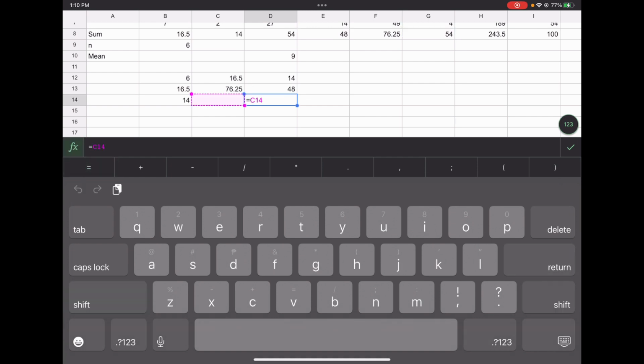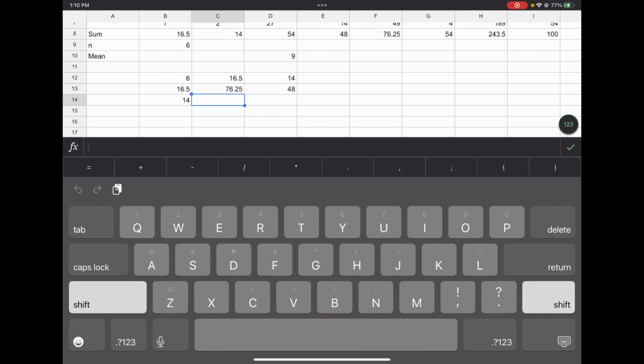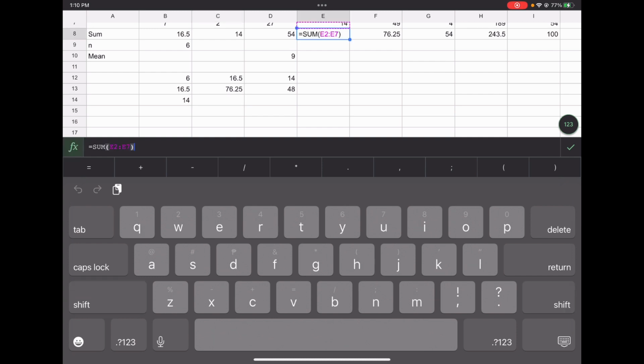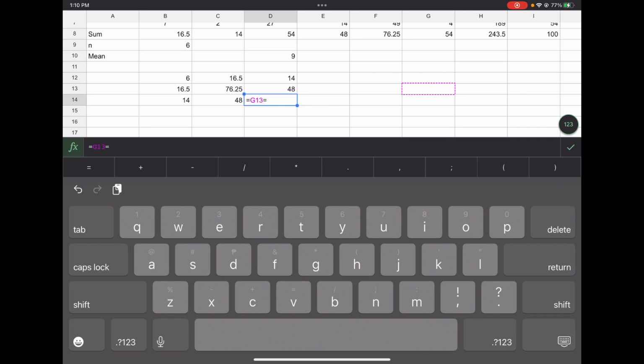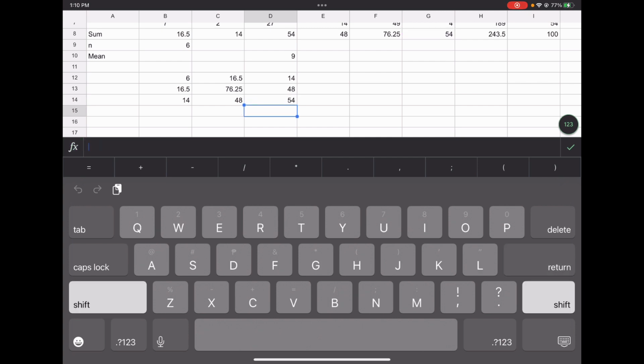So we copy the same thing here. This is equal to 54.